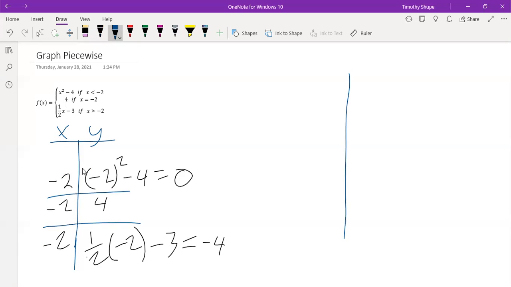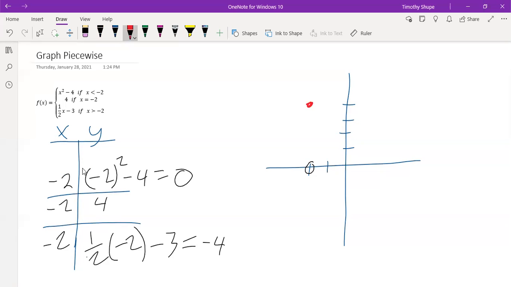Let's go ahead and put them onto a coordinate system. Left 2 and nowhere up and down, we decided was an open circle. So my first coordinate's right there. My second coordinate was at -2 and 4, so I'm going to go up 4 on the y-axis and put in my second point.